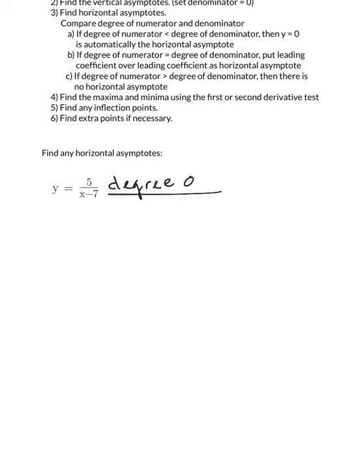The degree in the denominator is 1 because the highest power of x is 1. So, because the degree of the numerator is less than the degree of the denominator, your horizontal asymptote is y equals 0.